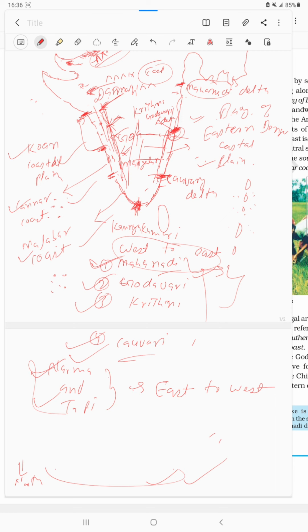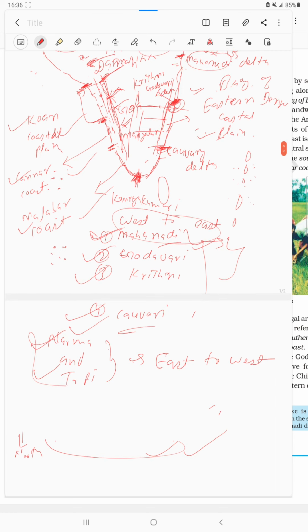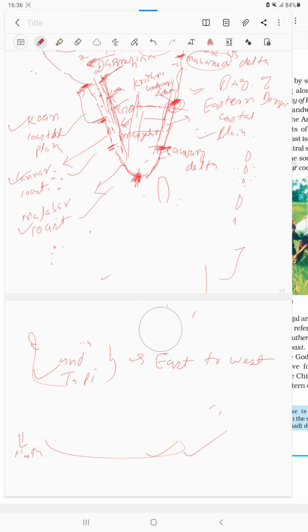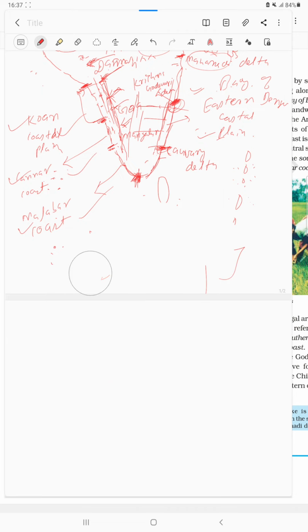So we have covered the coastal plain. Now the last topic of this chapter is the islands. Okay. Let's see.